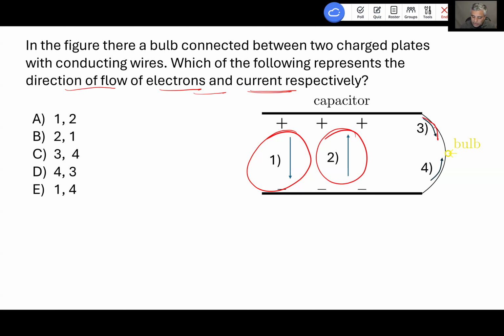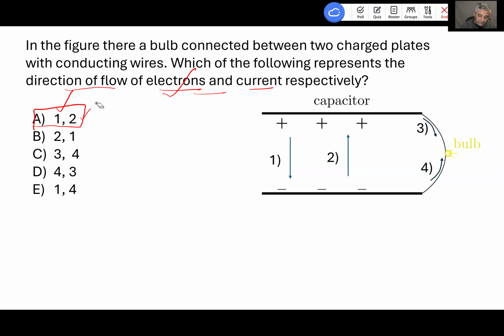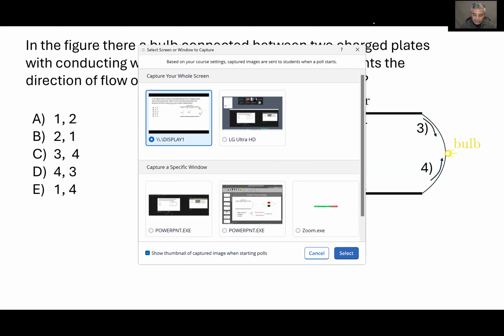Path number 3 is going clockwise, and path number 4 is going counterclockwise. There are 2 paths given for each choice. The first is supposed to be for electrons, and the second for current. With that said, I'm going to open the poll, and you have a minute to answer this question.